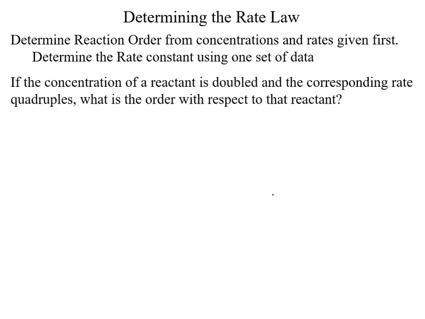We're going to use one set of data. But basically, if the concentration of the reactant is doubled, let's say the concentration of A is 0.2, and then we double the concentration to 0.4, but the rate goes from being 2 to being 8, okay?